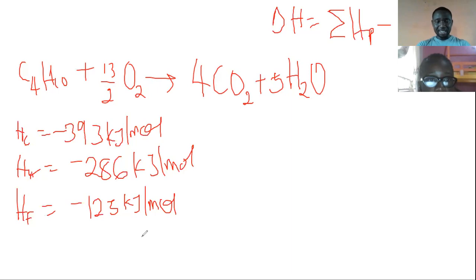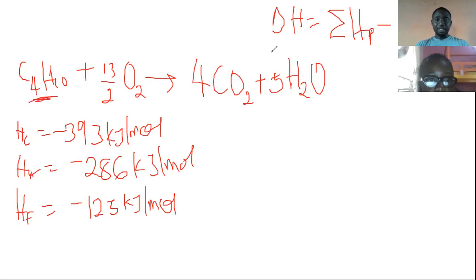Remember the definition: heat of formation is the heat change that occurs when one mole of a compound is formed from its elements in their standard state. Butane is at the reactant side, so this heat of formation is for the reactant butane.